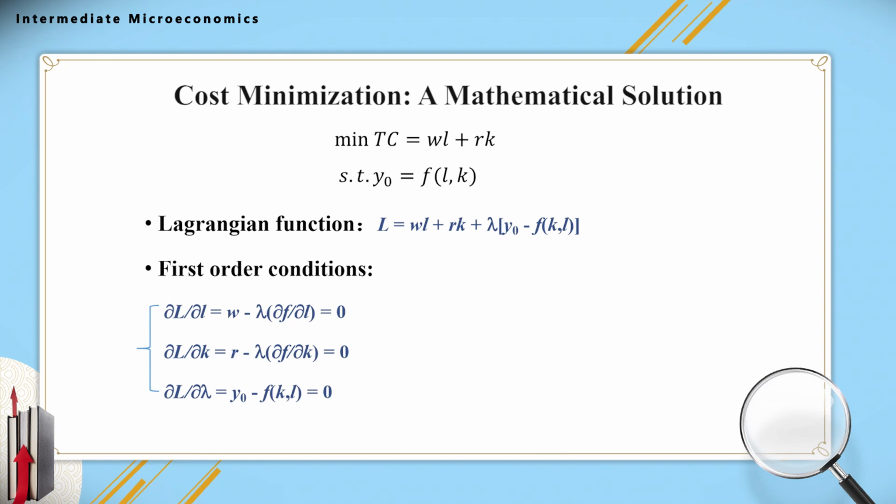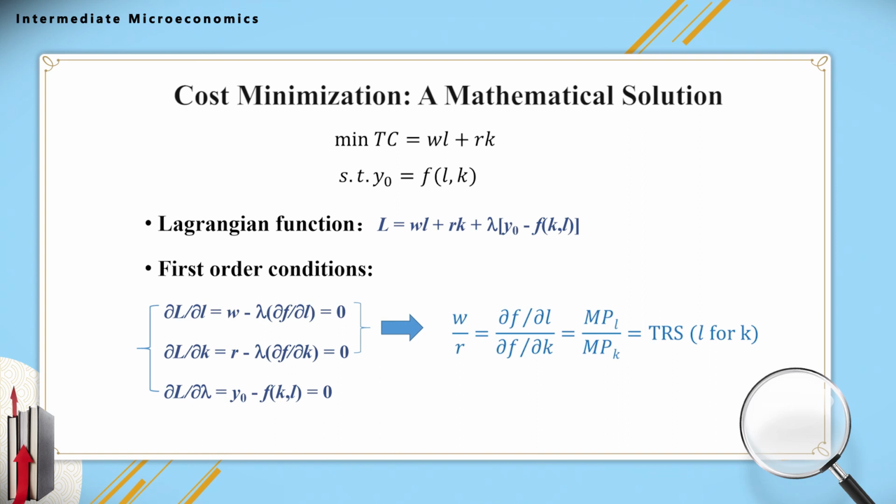The answer to the first two equations produces the same result as we found using the graph. It shows that the solution for the optimal input bundle should be that the relative price of the factors is equal to the ratio of their marginal products.